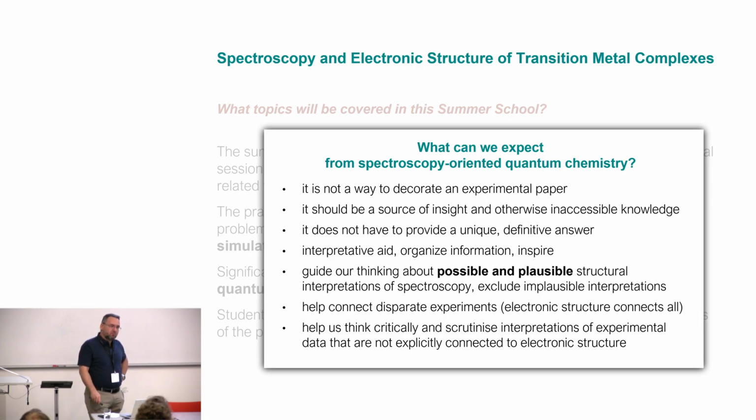But at the same time, you should know that doing computational chemistry or quantum chemistry, which is using quantum mechanics for something, does not have to provide a unique and definitive answer to any of the questions that you ask. Rather, it can be useful if it helps you understand something, or if it helps you think about possible interpretations, or come out with a series of possible interpretations.